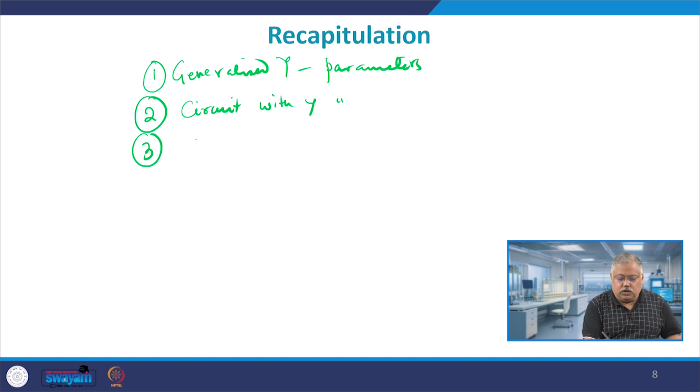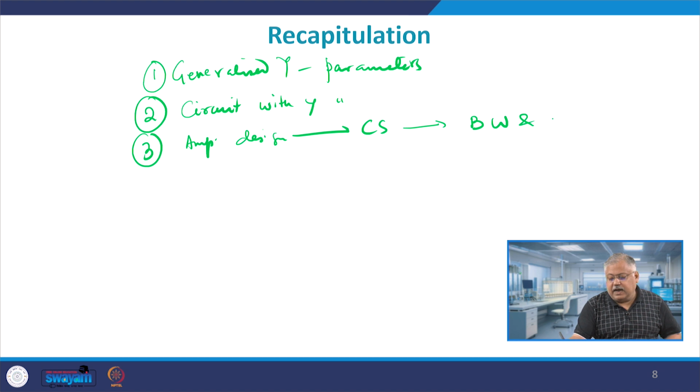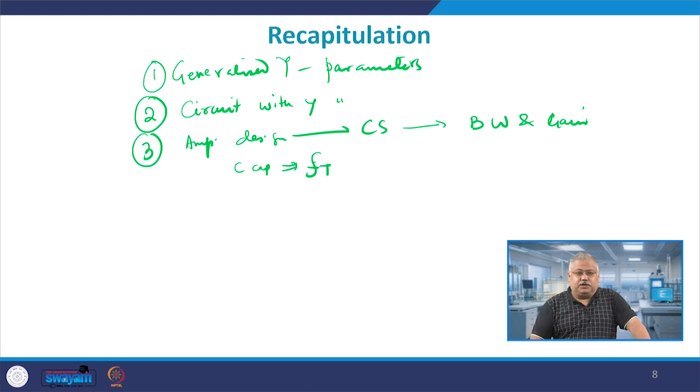Then we went to amplifier design. Within that amplifier design, we looked into a common source amplifier, and we tried to find out the relationship between bandwidth and gain, and how various capacitances play a role in determining the amplification, and the concept of FT, which is the unity gain bandwidth which we see, right. So, this is the overall takeaway from this class.